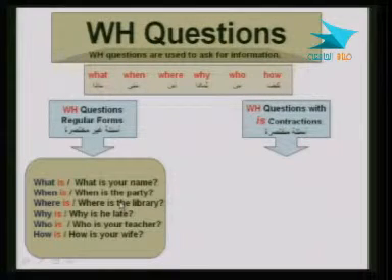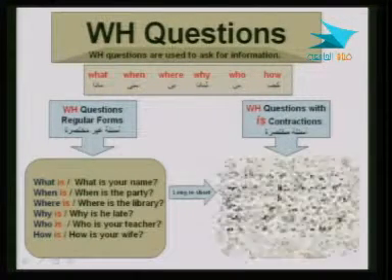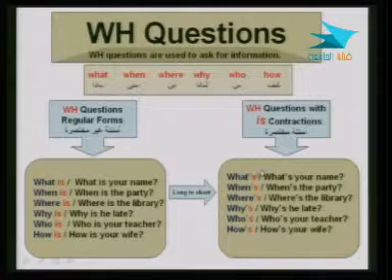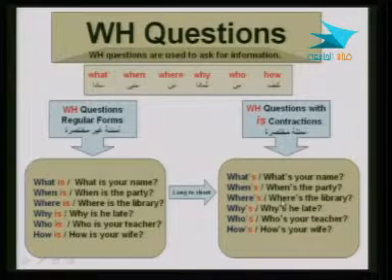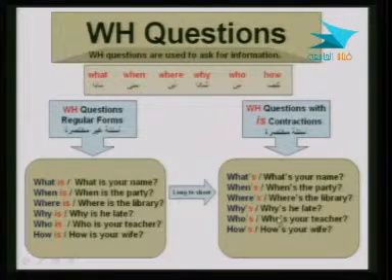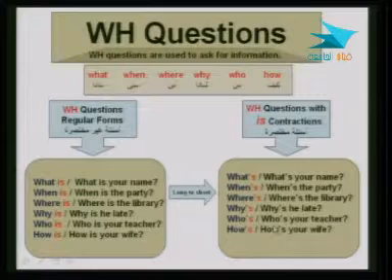And here, WH questions with is contractions, right? We can also contract or make short forms in questions, like, for example, what's your name? When's the party? Where's the library? Why is he late? Who's your teacher? How's your wife?